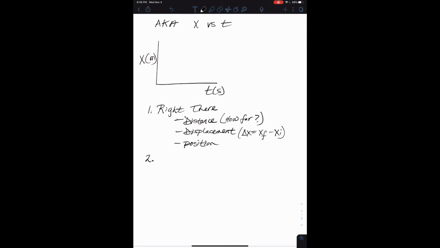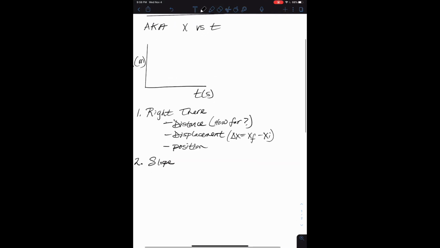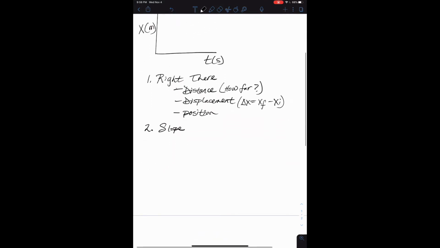sometimes information is hidden in the graph, and it's hidden always in two places. The first one being the slope. Slope for any graph is always the same. Slope for any graph, right, is, let me write it just like this, that m, or the slope, is equal to the change in the y-axis over the change in the x-axis.